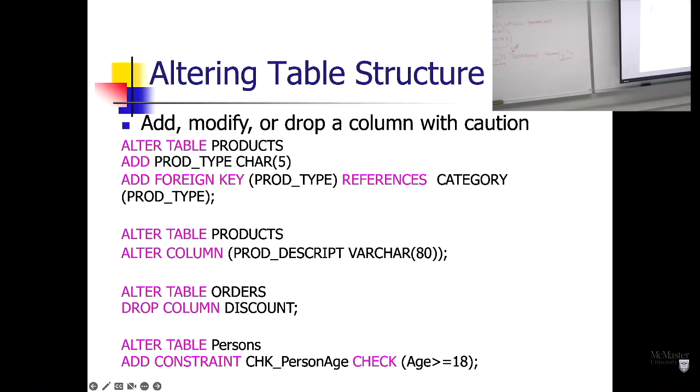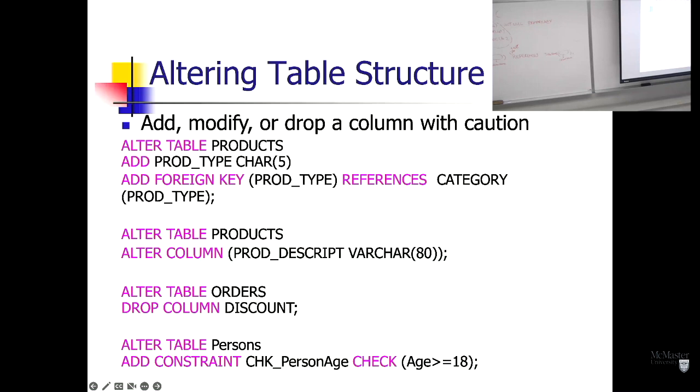So always when you define a column, whether it is in the create statement or alter statement, if you are going to create a new column, you always have to define the data type. So even here, adding the column name, which is product type, then you have the data type, and adding foreign key.